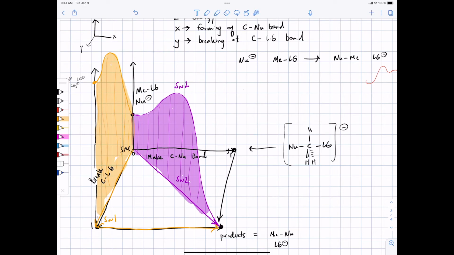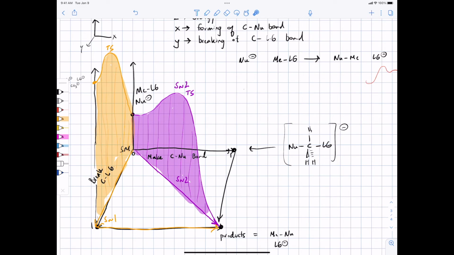All right. Now, why do you suppose I have drawn a transition state going to the carbocation so much higher in energy than the transition state going to the product through SN2?